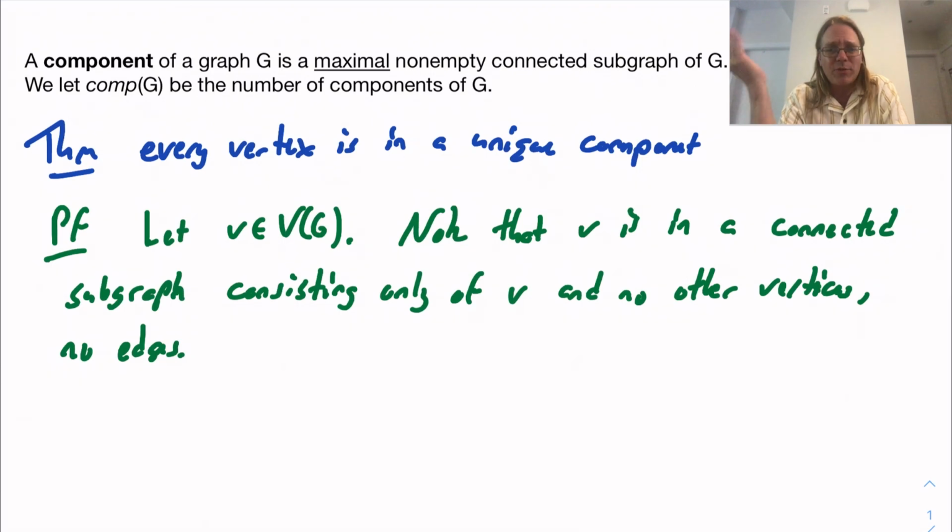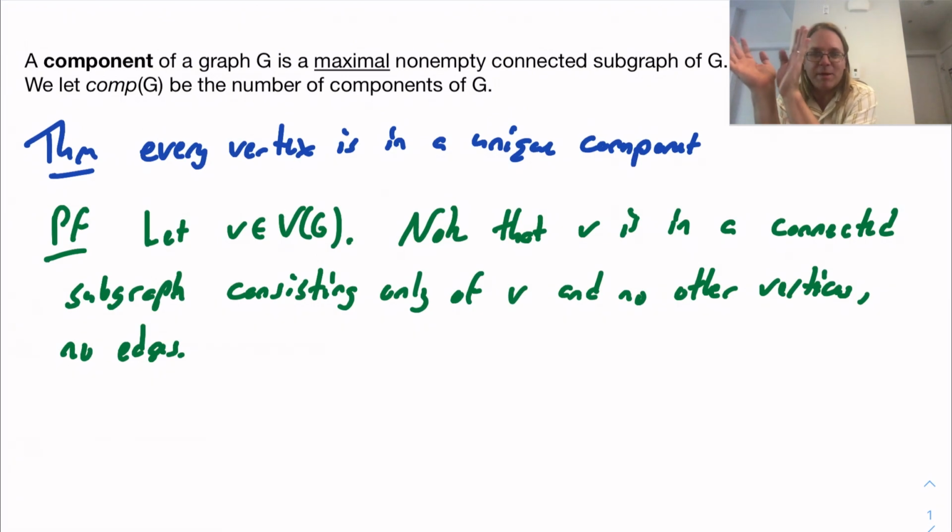But how do I know that there's a unique one that's maximal? Why couldn't it be that you have a subgraph H1 that's a maximal connected subgraph containing V, and another subgraph H2 that's a maximal connected subgraph containing V? Why is that not possible?